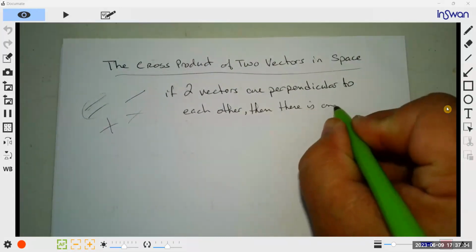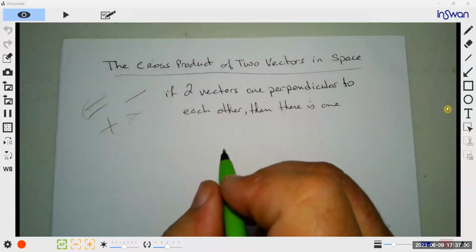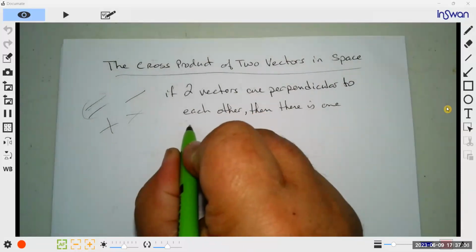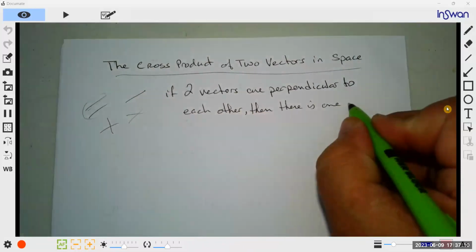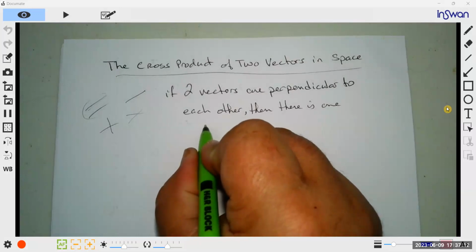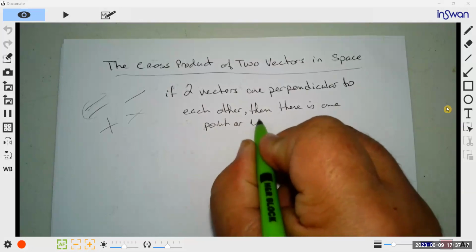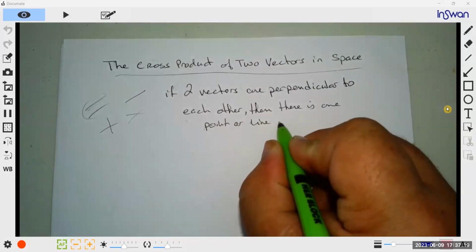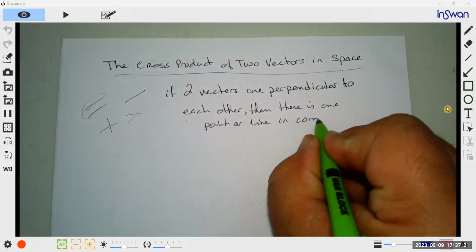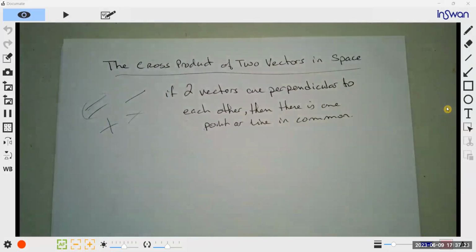There is one point or line in common, depending on how many dimensions you have.